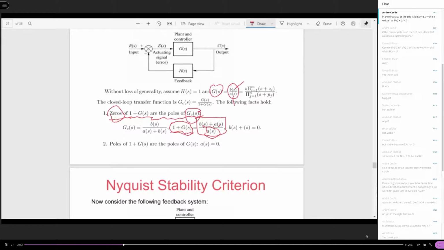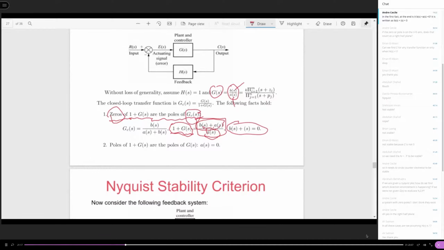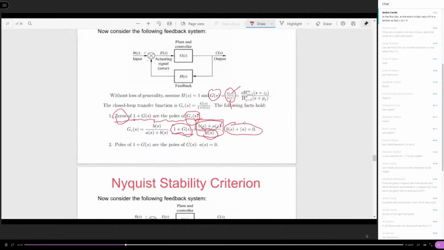So 1 plus g of s and g of s share the same denominator, but the numerator of 1 plus g of s is different. It is equal to b of s plus a of s. Oh, I'm sorry, I missed the a here.